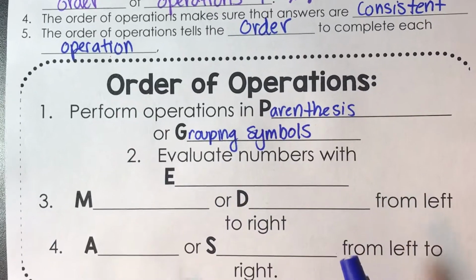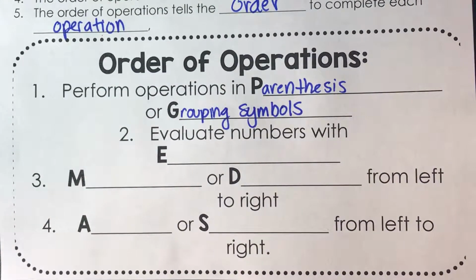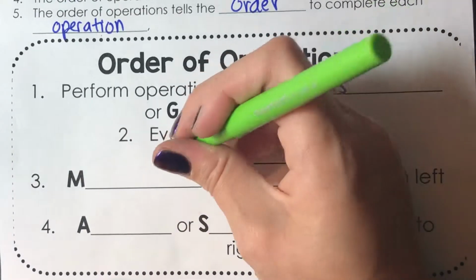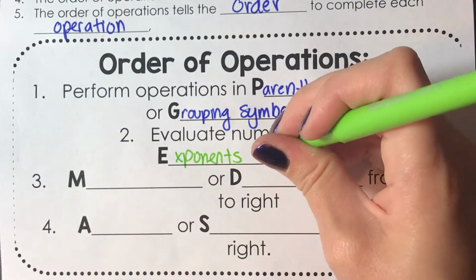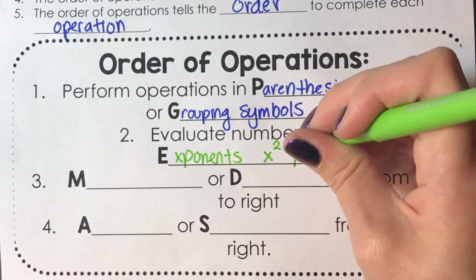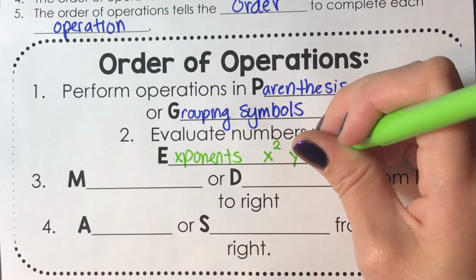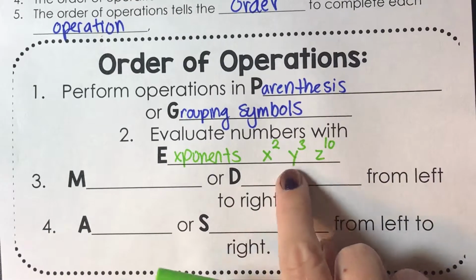Then you evaluate numbers with exponents. Remember, that's like something to the 2nd power or something to the 3rd power or even something to the 10th power. Those are exponents.